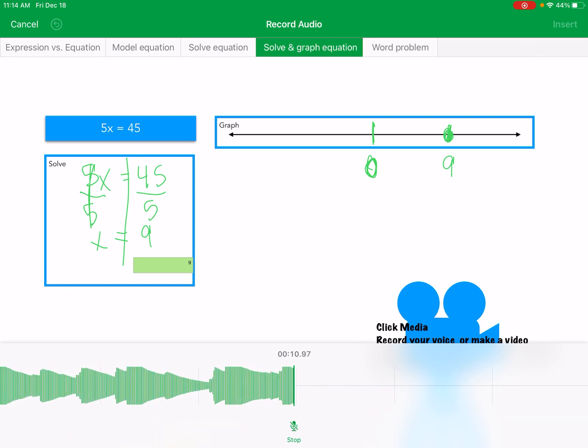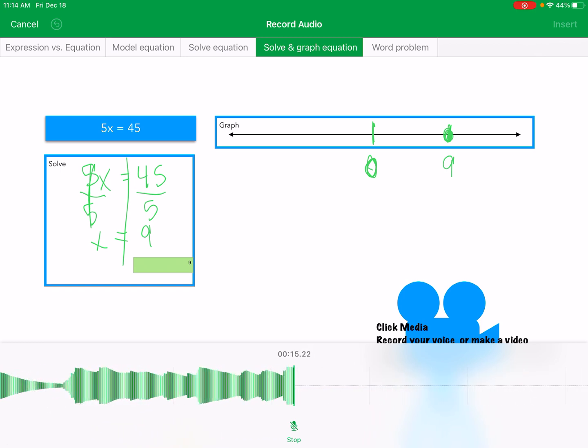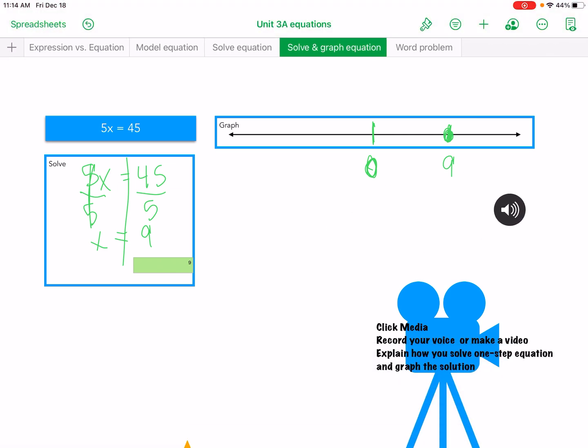The variable is on the left-hand side, so we are going to divide, and 45 divided by 5 is 9. Okay, and I just gave you an example of how to solve and graph an equation. Well, I didn't say how to plot it, because I actually don't know how that's going to work out with me recording on a recording. But I showed you how to get it from the plus sign.